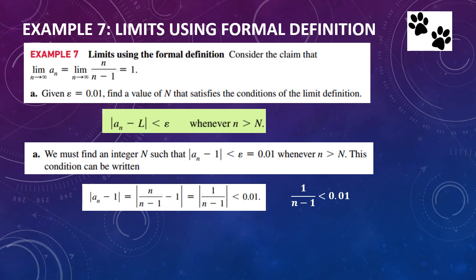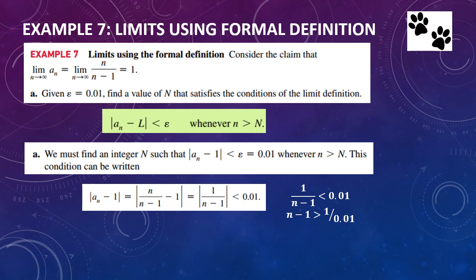Now, if I take reciprocals of both sides of an inequality, it changes the direction of the inequality. For example, if I have 1/2 is less than 3/4, and I invert that, 2 over 1, or 2, becomes greater than 4 over 3.